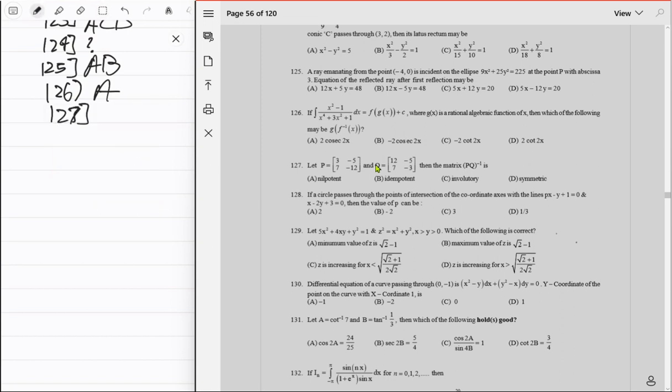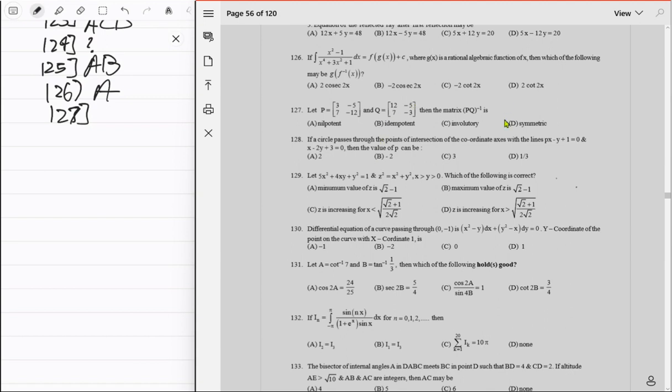Net 7 is just: let P be equal to this thing and Q be equal to that thing. The matrix PQ inverse is nilpotent, idempotent, and non-free. Okay, symmetric. PQ inverse, you are saying. Okay. Wait, why does it look like it's just the adjoint of this thing?